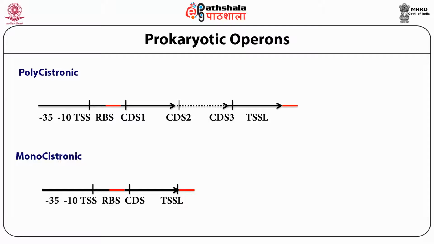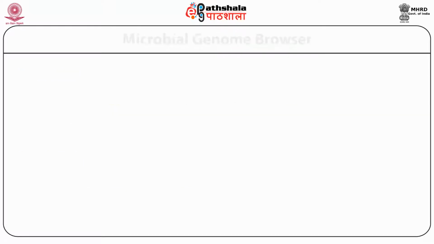In both types of operons, the encoded proteins are under the control of a common regulatory DNA sequence called the promoter, having 2 boxes with conserved bases, one located at -10, that is upstream of the transcription start site, called the Pribnow box, and the second at 35 bases upstream of the transcription start site, called the TTGACA box.